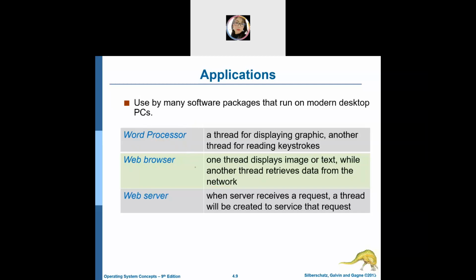It can be that I have another thread depending on the process needed for my application. For a web browser, of course, normally you're going to need a thread that retrieves data from a network, because you are dealing with the internet, isn't it?